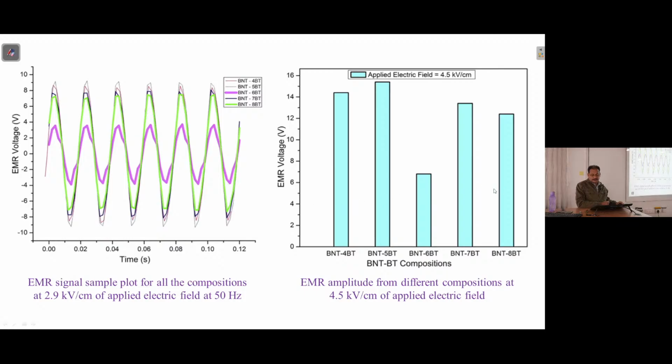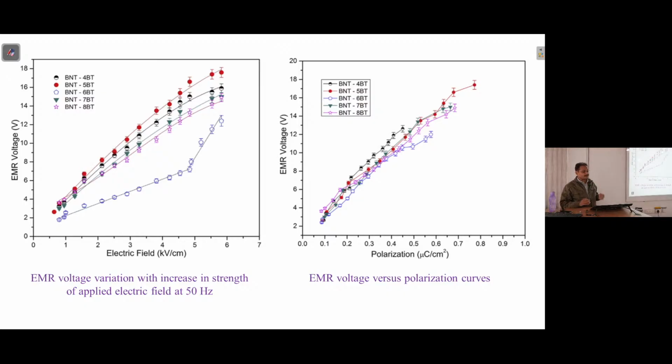And for the comparison, this bar chart can also be seen. So this 6BT represents the voltage at this location. So this is kind of giving the minimum value. Hereafter, if I go to the next slide, here we have the plot of the EMR voltage, or the non-contact signal voltage, versus the applied electric field.